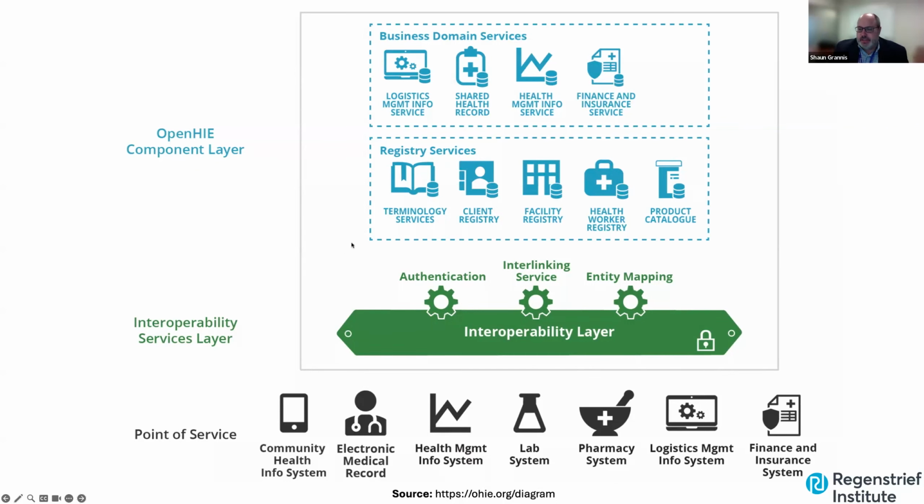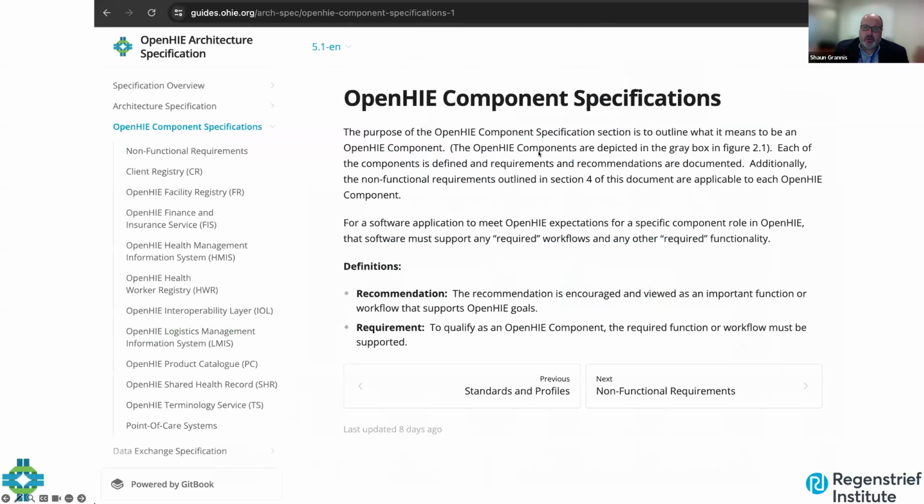Now let's move into more specifically talking about the OpenHIE client registry. So we know that patients' data is fragmented. It can be fragmented across different care locations, different ancillary care services, from outpatient to inpatient hospitals, to laboratory systems, to specialists, etc. Patient data is fragmented.